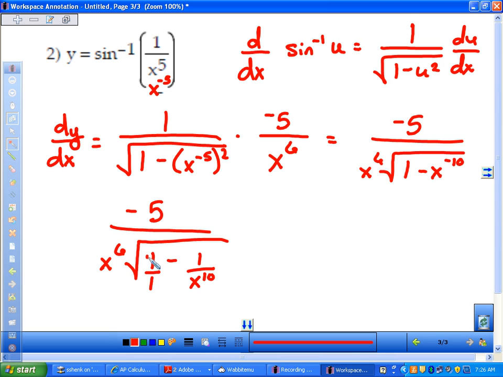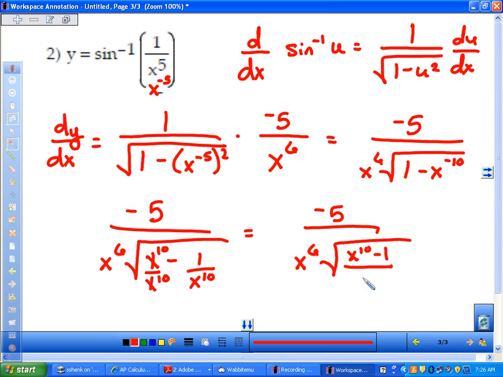X to the 10th. So 1 becomes x to the 10th over x to the 10th. Now can I subtract them? Yes, we get negative 5 over x to the 6th times the square root of x to the 10th minus 1 over what? X to the 10th. Yeah, we keep our denominator and we just subtract our numerators.